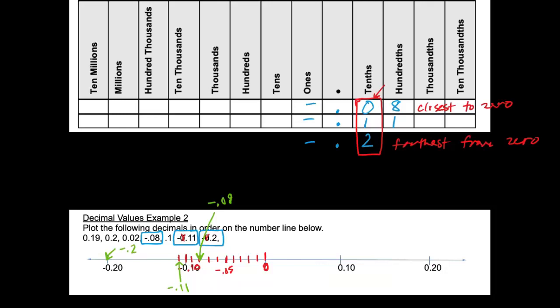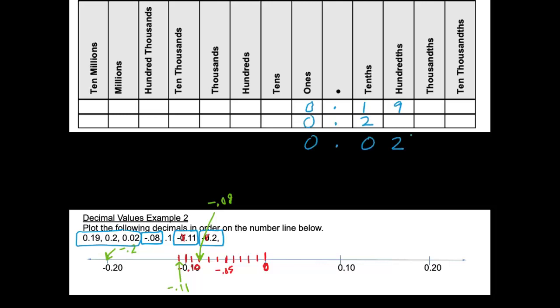Now let's look at the positive numbers. The positive numbers would be these on the left here: 0.19, 0.2, and 0.02. Let's do the same thing we did before. We're going to compare them to each other and see which one would be closest to 0, which one's smallest.